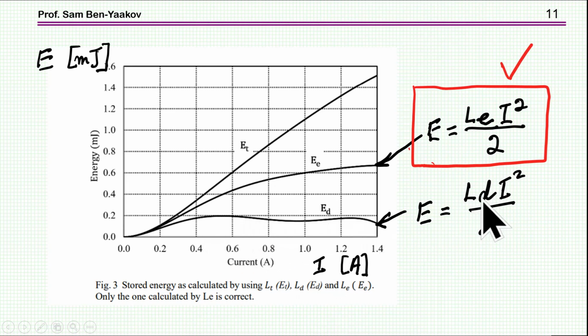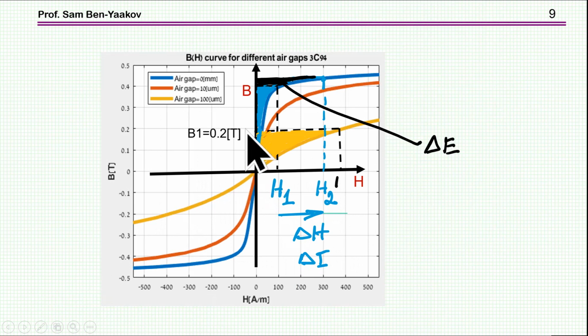So you cannot use this inductance for calculating the energy at this point. This is a much higher inductance, because as you move to higher current, indeed, the amount of added energy is small.